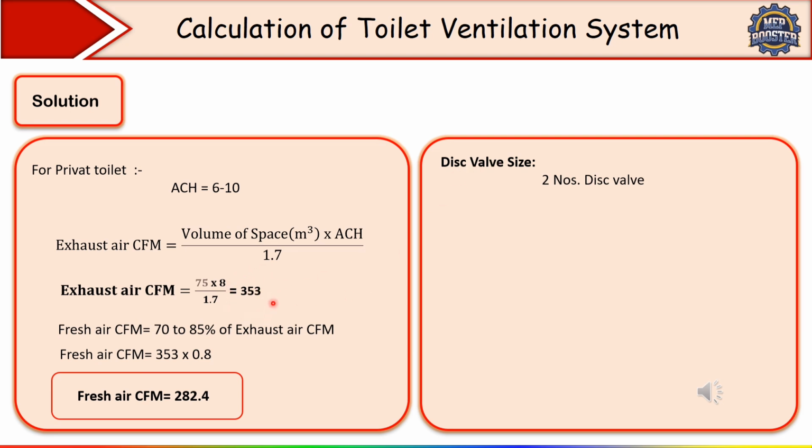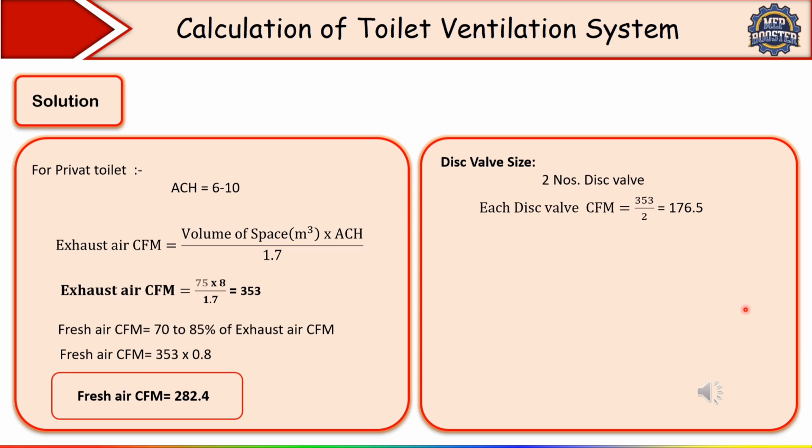So in total, how much air do we have to exhaust from this space? 353, and suppose I have selected two disc valves. So what is each disc valve's CFM? If I have selected two disc valves, each disc valve CFM is 353 divided by 2, you will get 176.5 CFM.